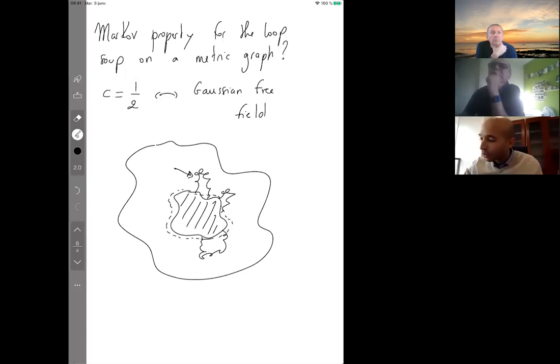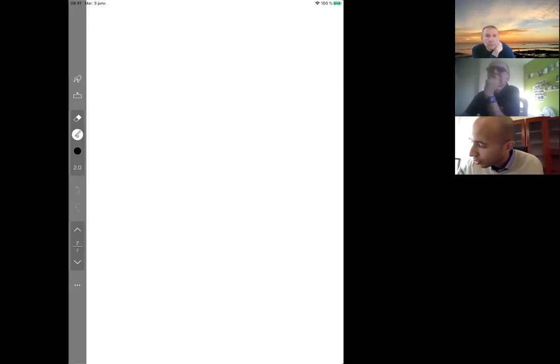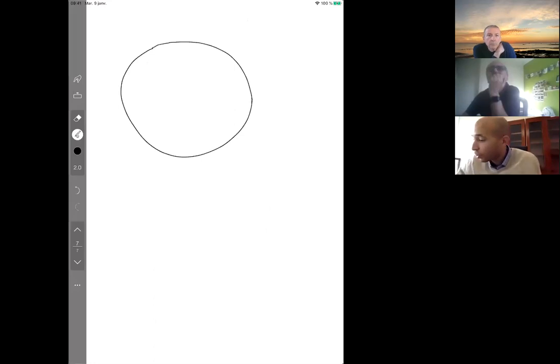So I will show it on a simple example, the circle. I will rephrase my question just for a circle. I have a Brownian loop soup on my circle, and let's say that I fix the local time at a point of the circle to be equal to L. So L is fixed.